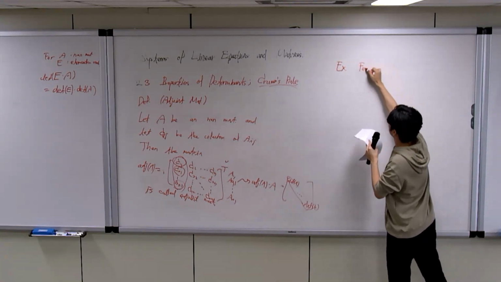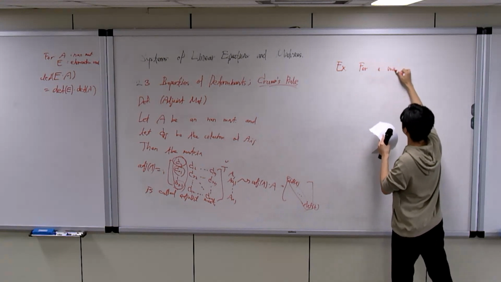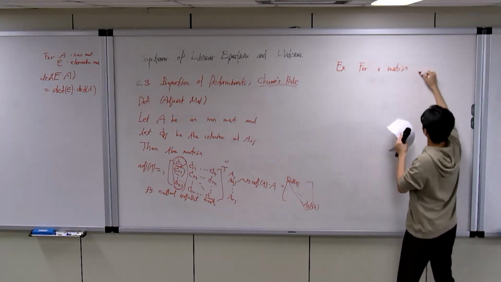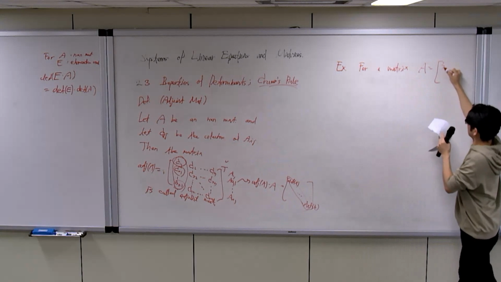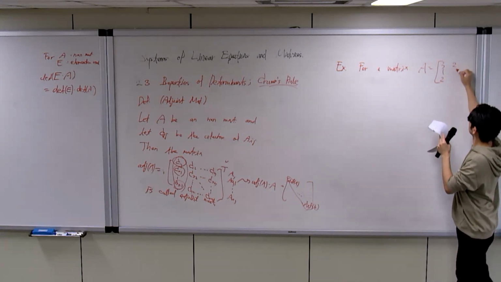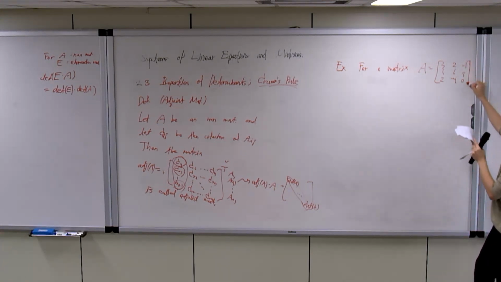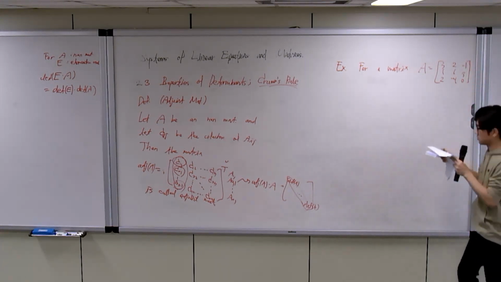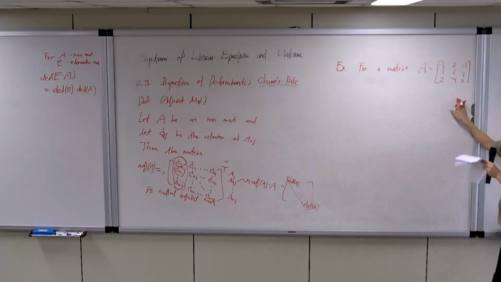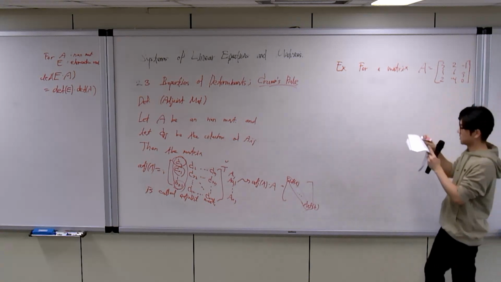For a matrix A, 2, 2, 6, minus 4, minus 1, 3, 0. It is a 3 by 3 matrix, and so the adjoint matrix's entries will be the determinants of 2 by 2 minors.